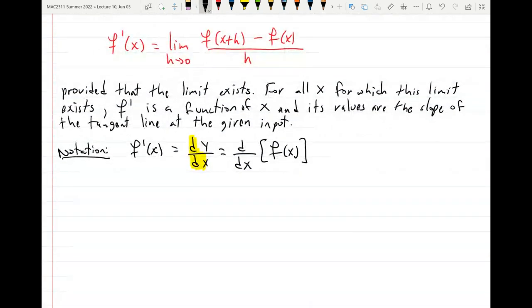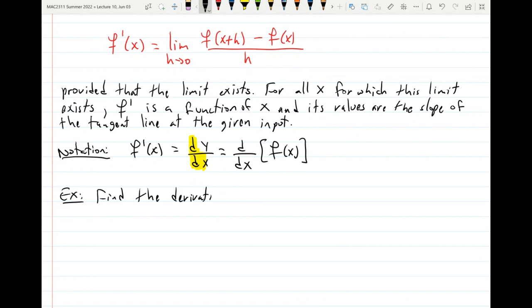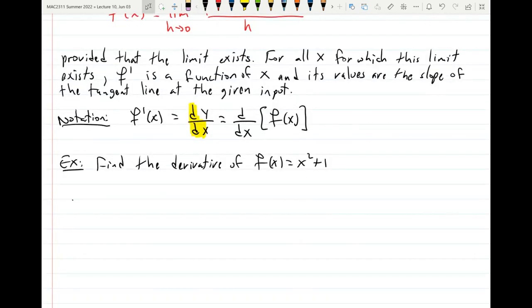So let's see, as an example, let's find the derivative of the function above, x squared plus 1. So find the derivative of f of x equals x squared plus 1. In this case, we want to find f prime of x.